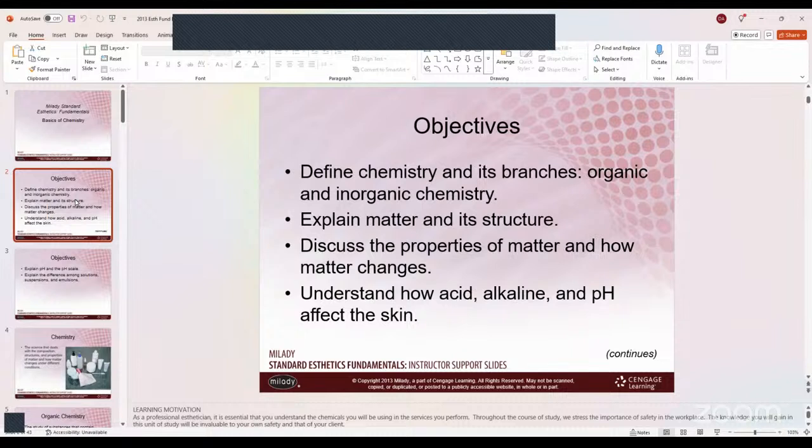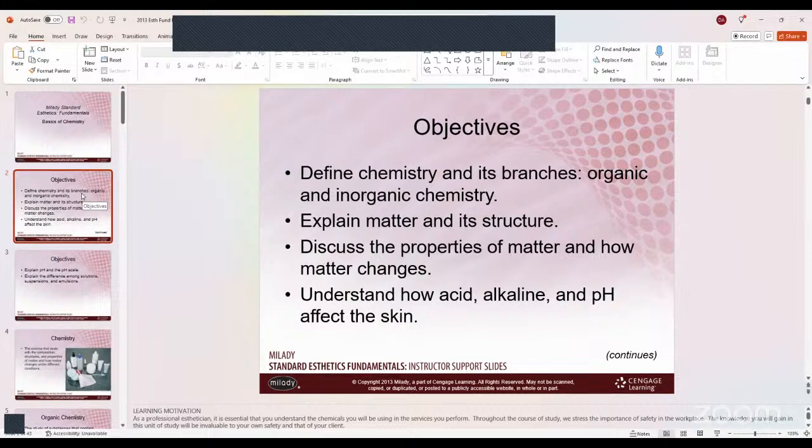We're going to learn the difference between organic and inorganic chemistry, explain matter and its structure, discuss the properties of matter and how matter changes, and how we use matter every day in the treatment room. Those are the areas of chemistry we're going to work with.